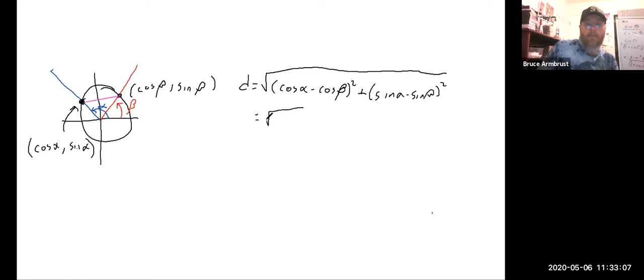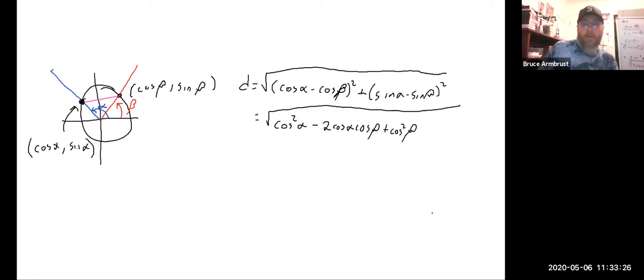If I FOIL it out, I'm going to get cosine squared alpha, minus 2 cosine alpha cosine beta, plus cosine squared beta. Those are the terms from this one.